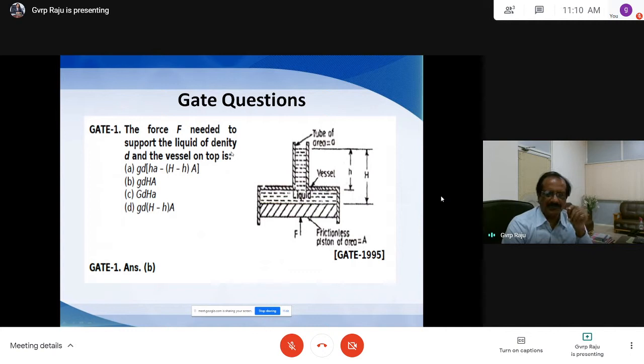So you need to follow the notation given in the question. So density is D. Normally you can use rho, etc., but he has given D. So the force needed is wAH bar, where w means rho g, or here gD, and A is the capital A here, and H is the capital H here. So the answer is B.